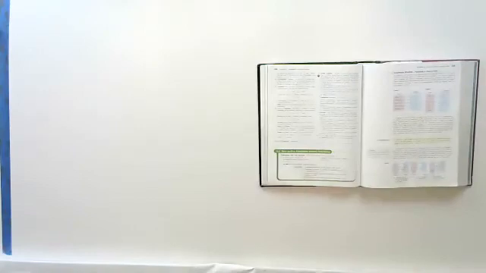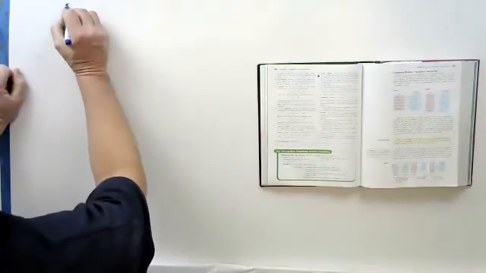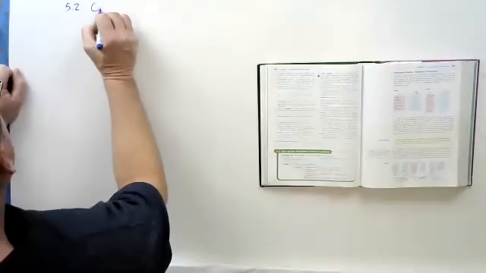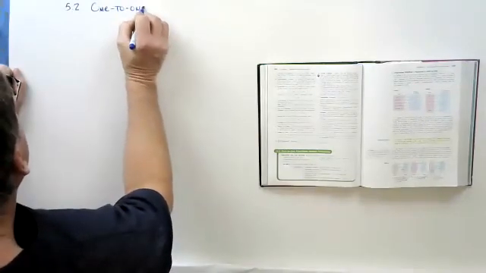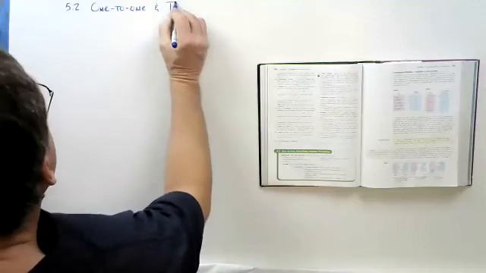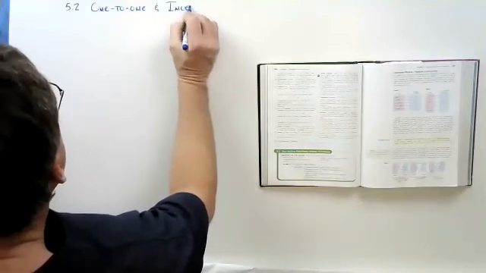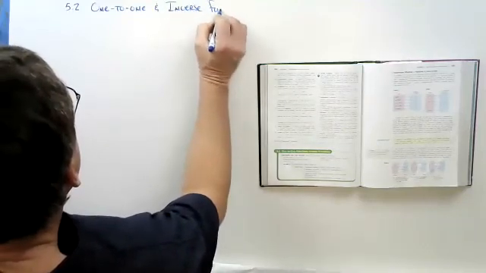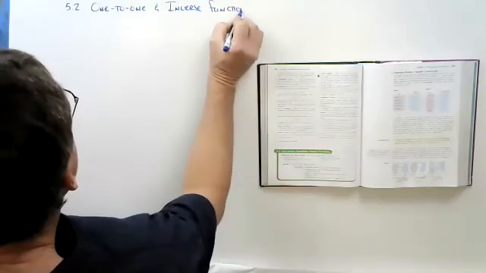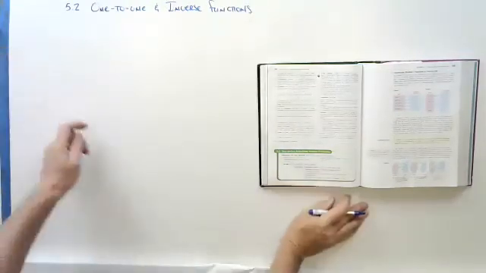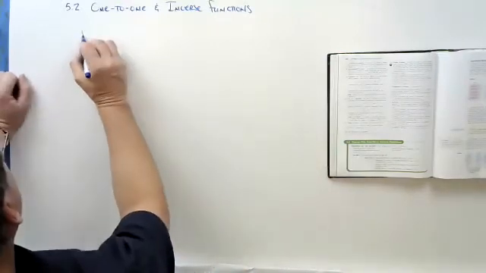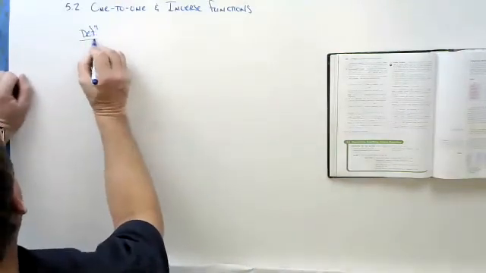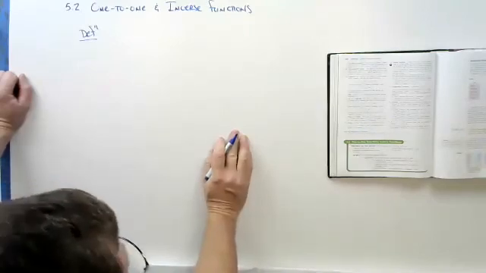All right. 5.2. One-to-one and inverse functions. Okay. So we're going to start with the definition that we learned in Algebra 1. Now, we may or may not remember the definition. Who knows?